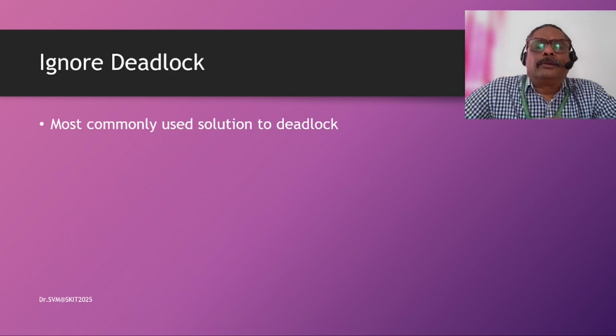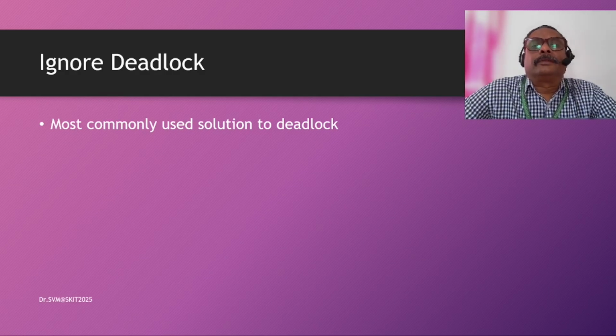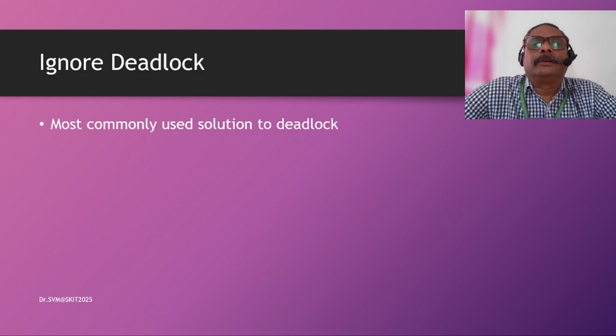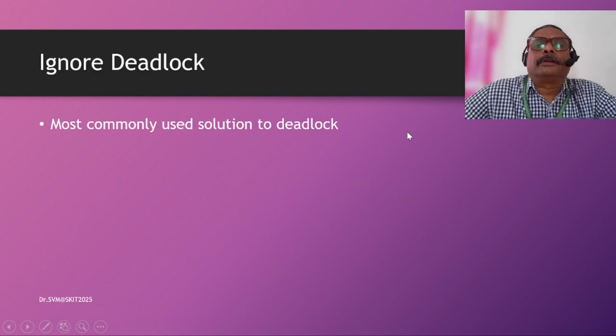Therefore, we don't have to waste our resources, and whenever deadlock occurs, it occurs only because of some negligence of the user or something, and whatever gets stopped is usually the user's activity, not the kernel's activities, and hence the user process may get disturbed due to the deadlock. In that case, we can just neglect it. That is the most commonly used solution to deadlock situations in operating systems like Windows and others.